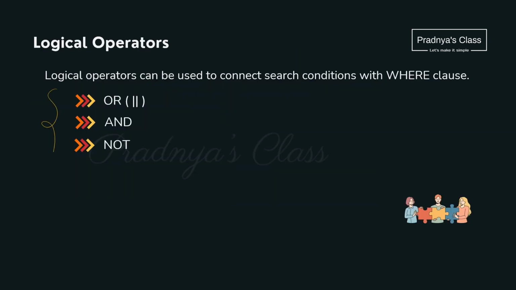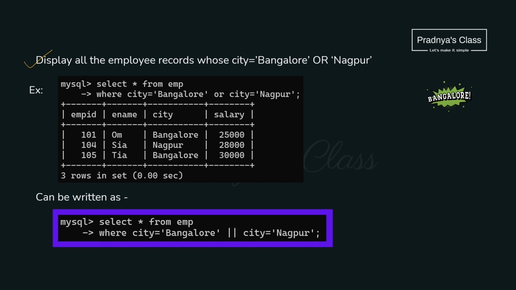Now let's talk about the logical operators. There are 3 logical operators: and, or, and the third one is not. I know you are well familiar with the working of these logical operators. It is just like the Python programming language. Look at this example. We need to display the records of employees whose city should be Bangalore or Nagpur. It means there are two conditions. How to write the query?